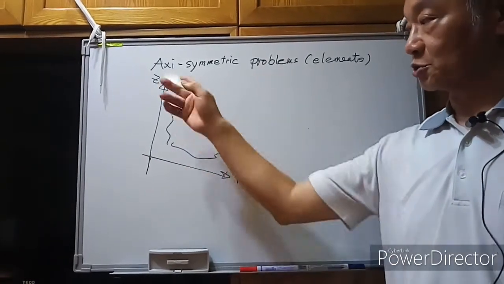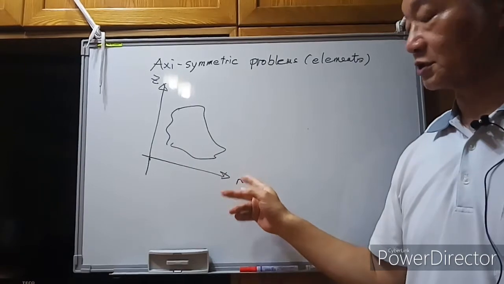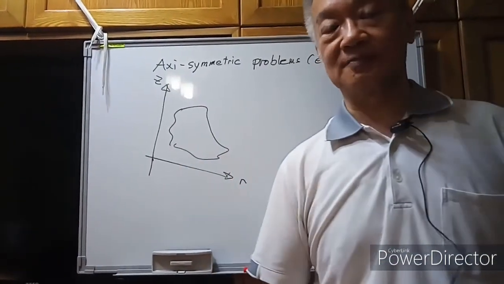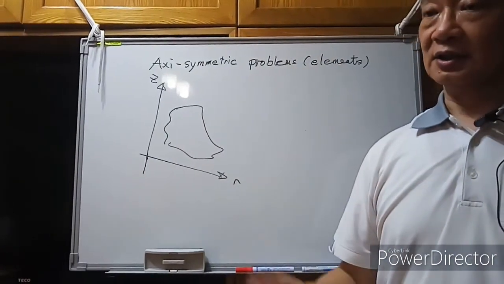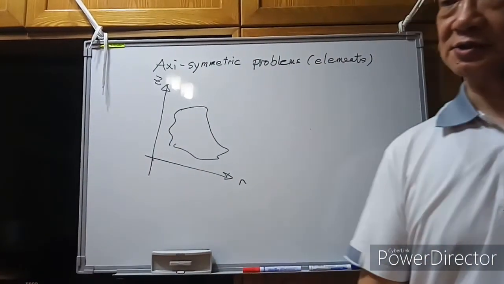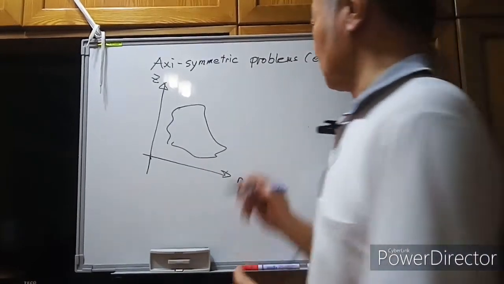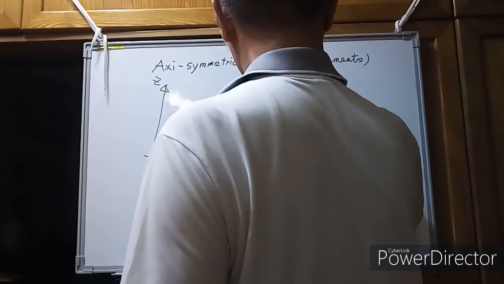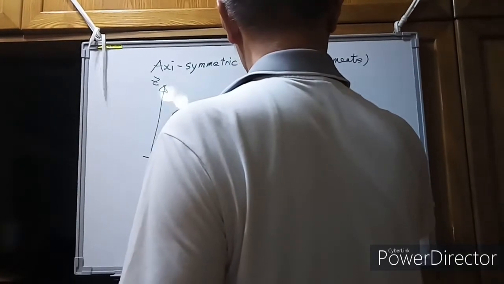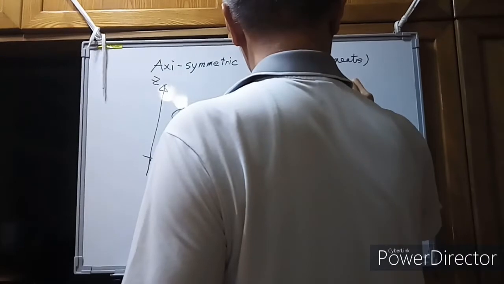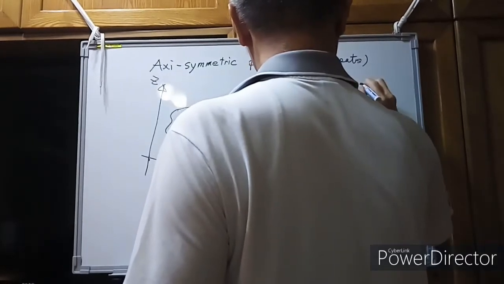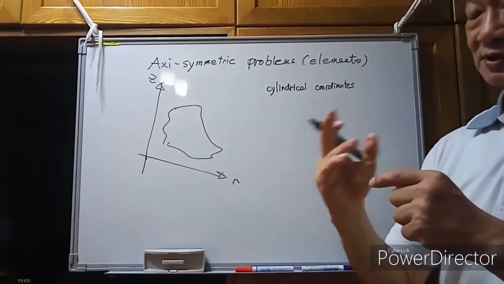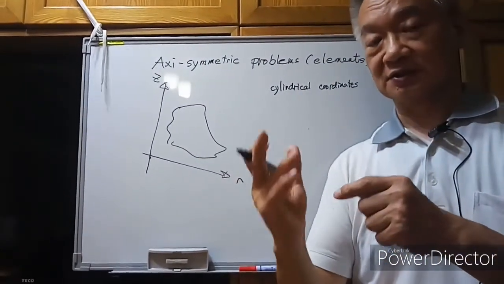Usually we name the first the r-axis, and the second is called the z-axis. And this type of coordinate system is sometimes called the cylindrical coordinate system, obtained for a cylinder.